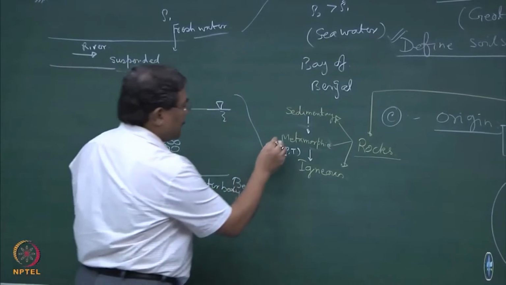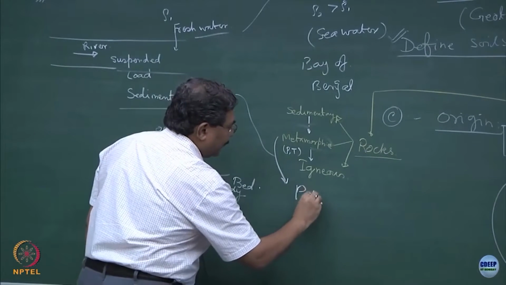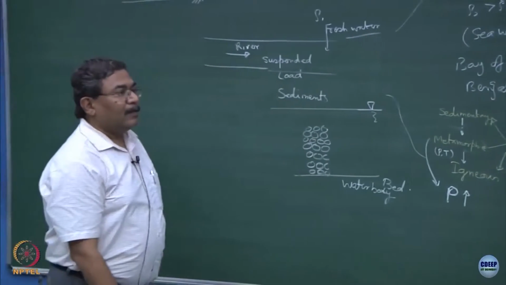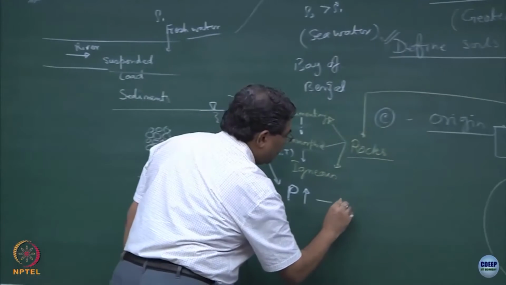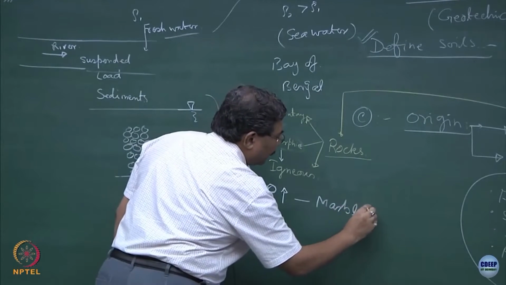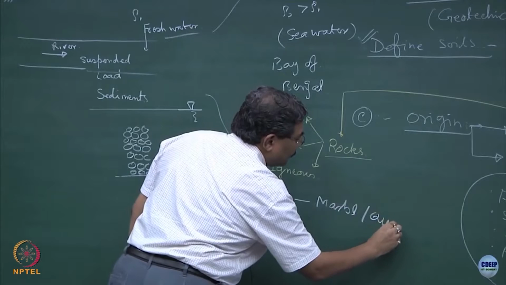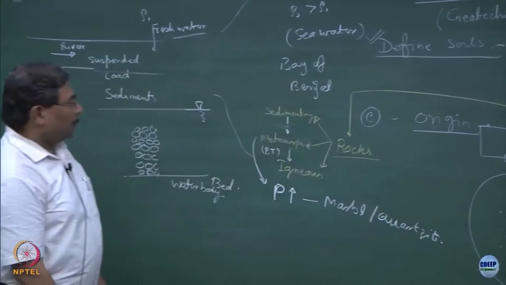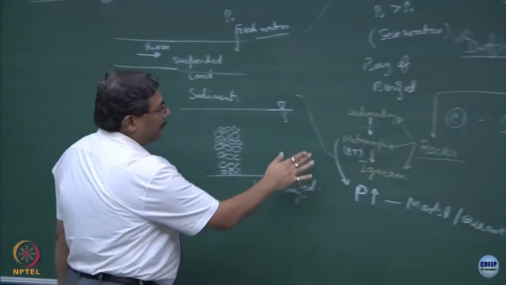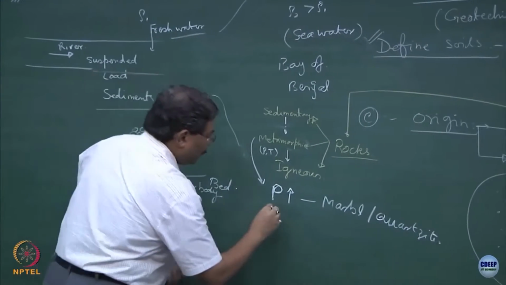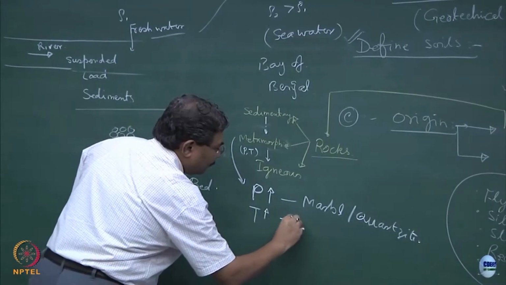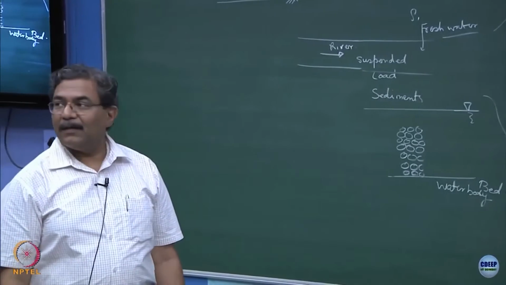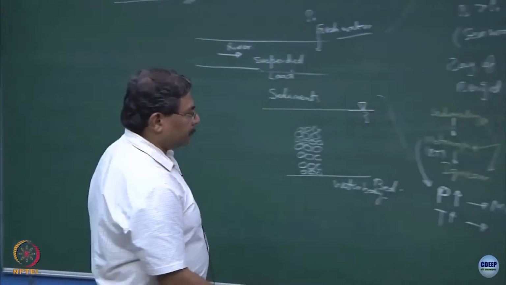I write normally like this: if pressures are very high, then you have slate and schist; and when temperatures are very high, what is going to happen? Marble and quartzite.